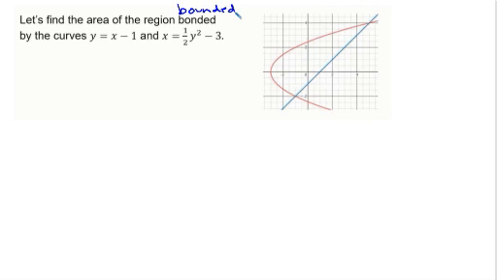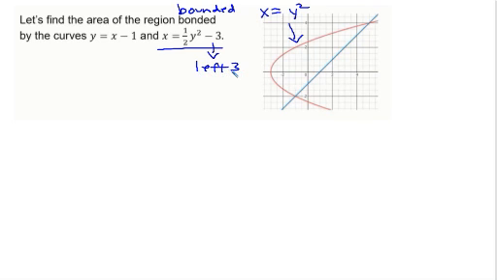Anytime I see an x equals some kind of y squared something, we are thinking of some kind of sideways parabola. All of our transformation rules still apply. This is still a parabola, and it's still shifted 3 units, but this time instead of going down 3, it's left 3, like you see here in this graph.